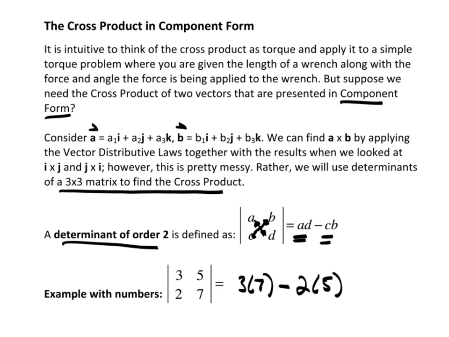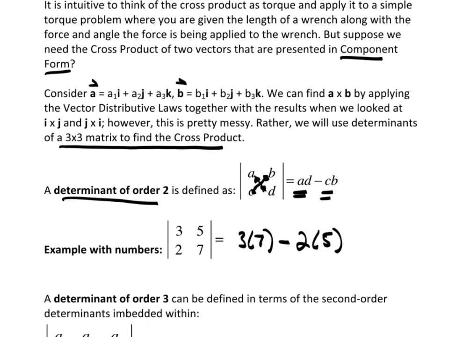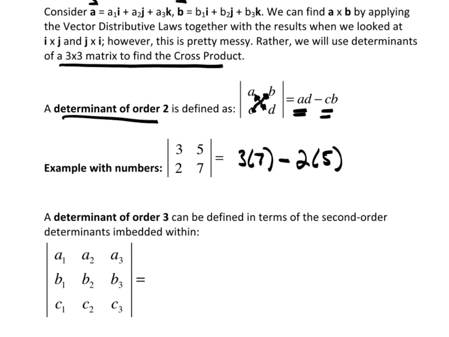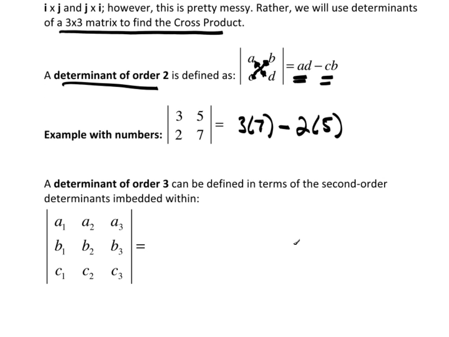And obviously that's a number. The actual value I don't really care about at this point. I just want to think about the algorithm to find a determinant with a 2x2 matrix.